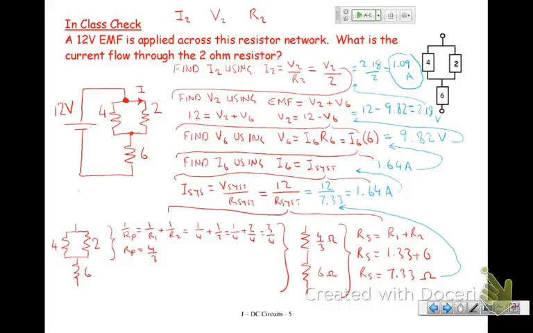So that 4 and that 2 combine together to give me 6. So I can say that 2/6 of the current goes through there, and 4/6 of the current goes through there, because that's the inverse ratio of the resistors.